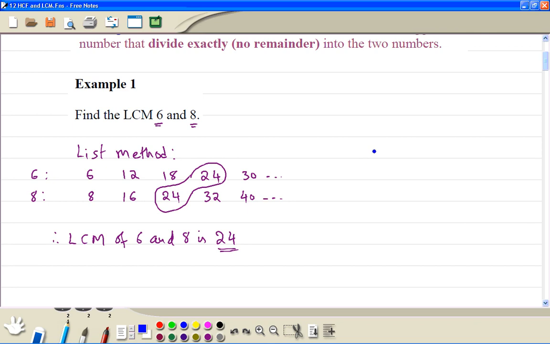Or we can use what's called the prime factor method. So the prime factors of 6 are 2 times 3. Then the prime factors of 8 are just 2 to the power 3.